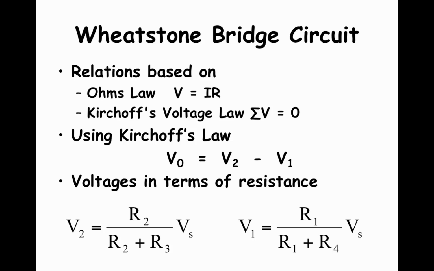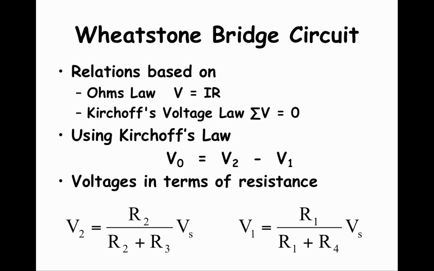For our analysis, we will use Ohm's law, which says that the voltage drop across a resistance is equal to the current flow in amps times the resistance, which is V equals I times R. We will also use Kirchhoff's voltage law, which states that the sum of the voltages around a circuit loop must sum to 0.